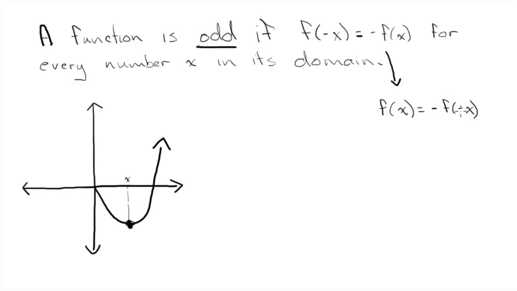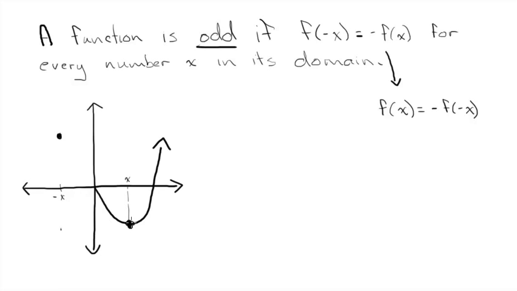If you think about transformations, we have a reflection about the y-axis, and then about the x-axis. I take this point, reflect it about the y-axis, and it goes over here to negative x. Then I reflect it up about the x-axis. So whatever this height is negative, this height is positive.